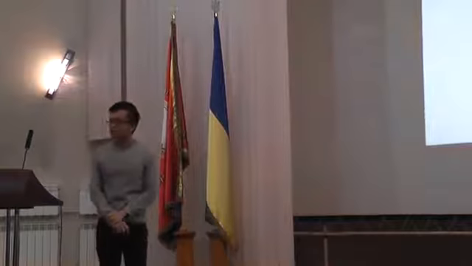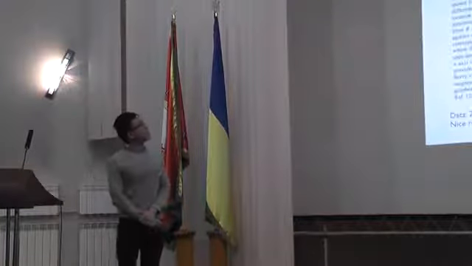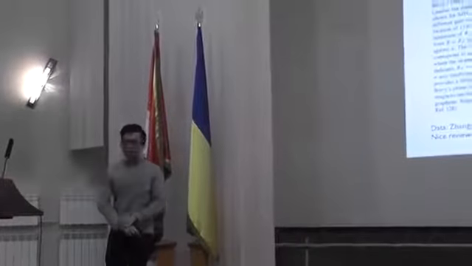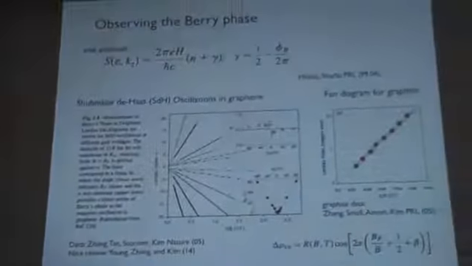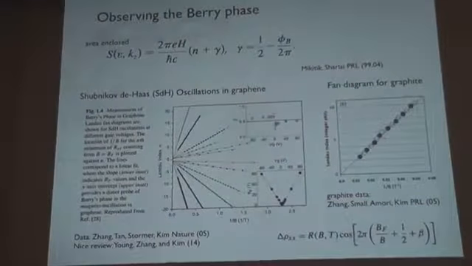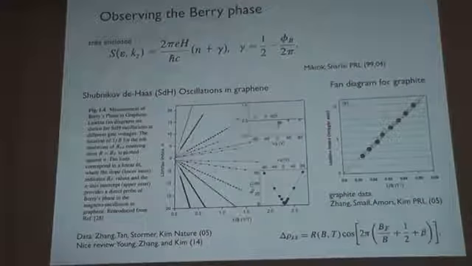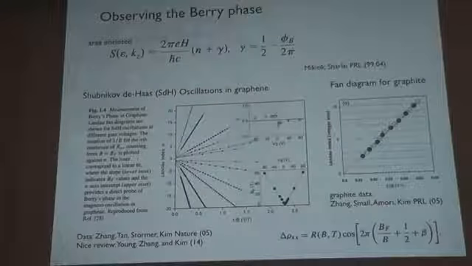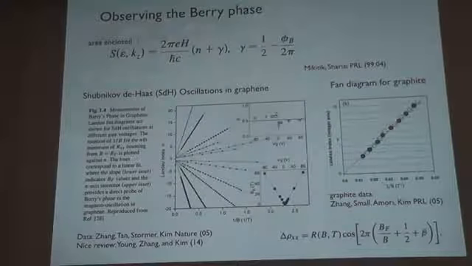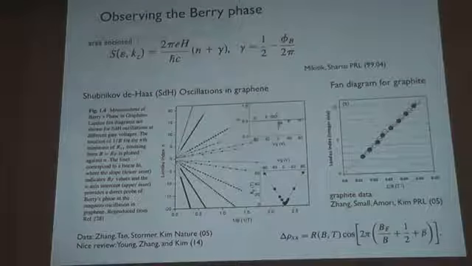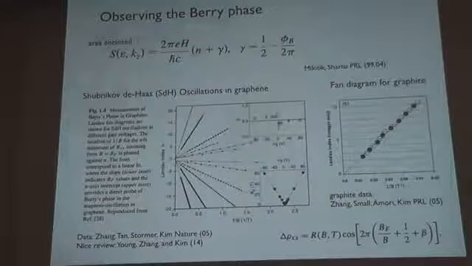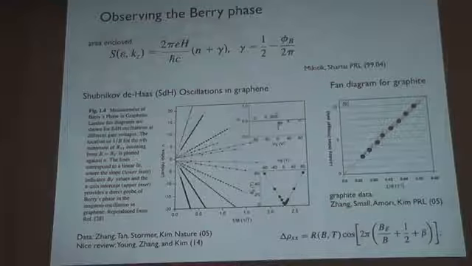What can we see out of this? It turns out that it can actually manifest in results. So it turns out that the area enclosed, and you can see this in quantum oscillations, for example. So if I take quantum oscillations, I might have an applied magnetic field. The particles go around in a circle in these orbits, these cyclotron orbits, and they enclose area both in real space and in momentum space as well.